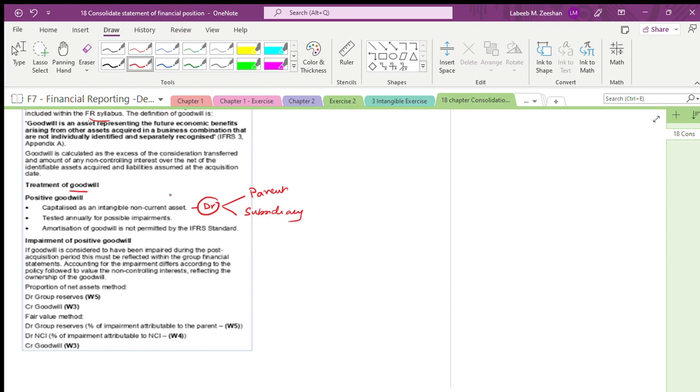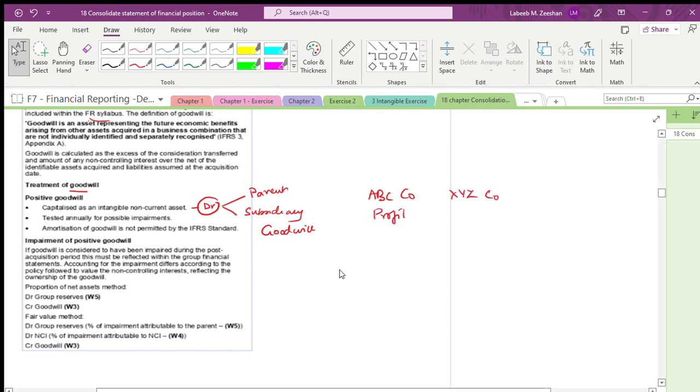Now, what happens to the goodwill? You have ABC company, which is profitable, and XYZ company, which is making losses. In most cases, the subsidiary company is not that healthy.